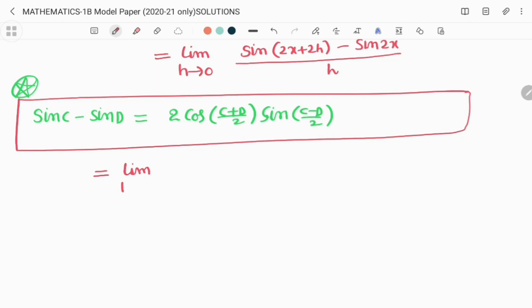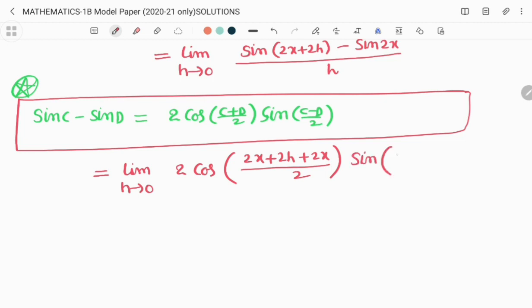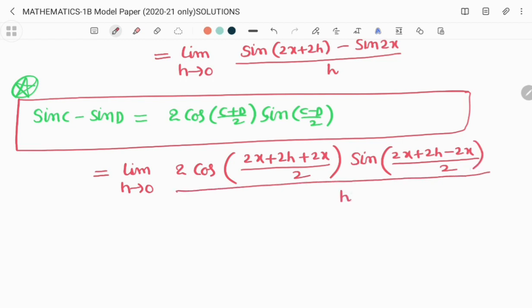Limit h tends to 0, 2 cos of c plus d by 2, that is 2x plus 2h plus 2x divided by 2, sine of c minus d, so 2x plus 2h minus 2x divided by 2, whole divided by h.